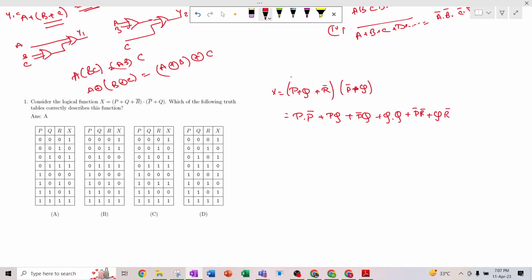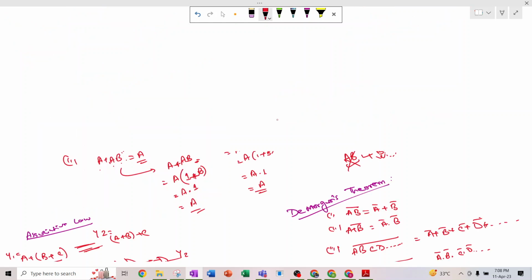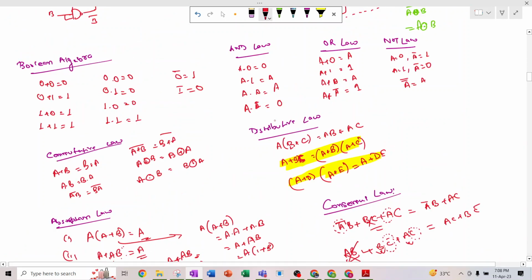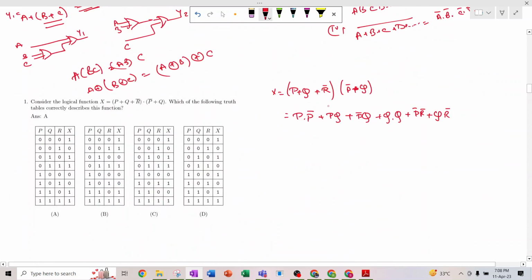These we have written using the distributive law: if a into b plus c is there, then ab plus ac.